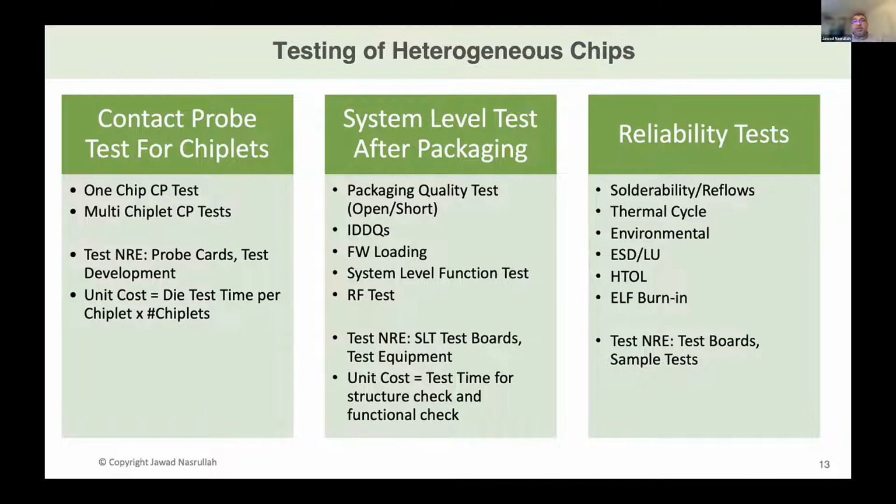When we go to the system level test after packaging, we generally go through a sequence of stuff, which was obviously we want to check the structural quality issues of opens and shorts, and then subsequently start going into more and more functional things such as IDDQs, firmware, system level function tests, radio frequency tests, and whatnot.